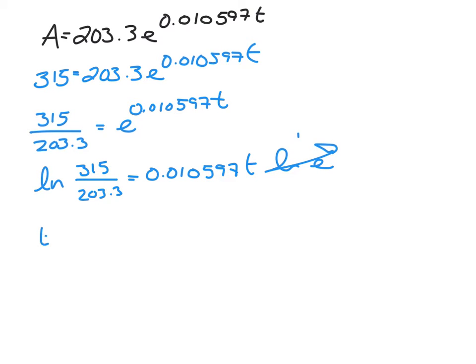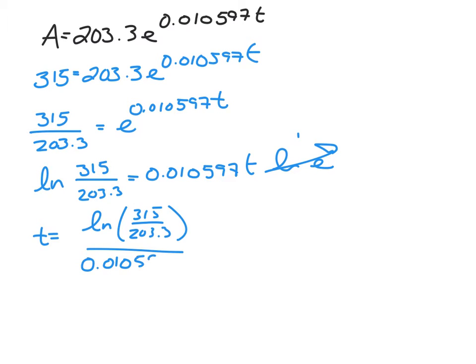So t is equal to the ln of 315 divided by 203.3, divided by our k value. When we plug that into the calculator, we get 41.3214, or approximately 41 years. Keep in mind that's 41 years after our initial time, 1970, so 41 years later it's going to be the year 2011.